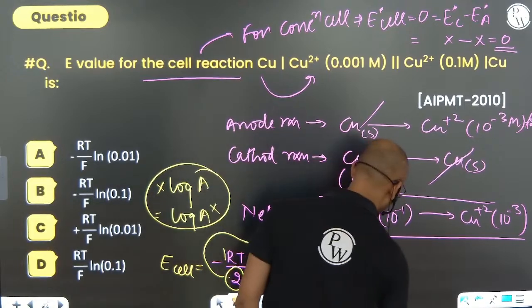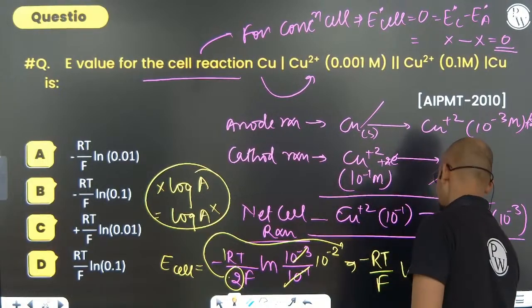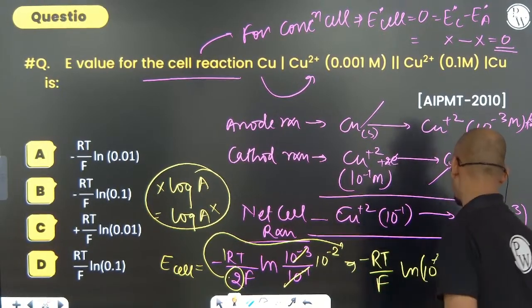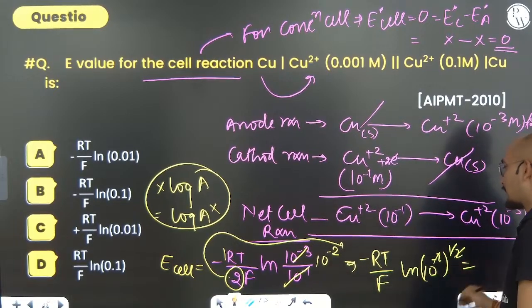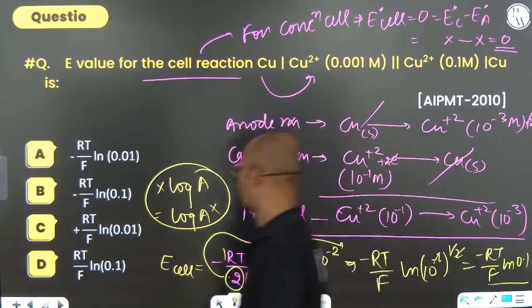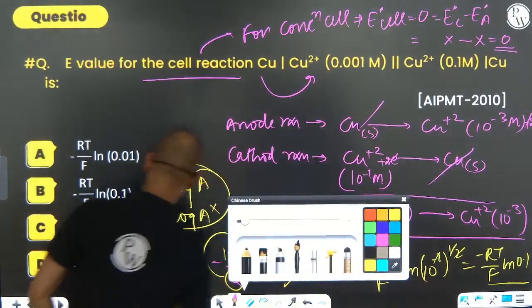So we can say minus RT by F ln of 10 to the power minus 2 raised to the power half. The 2 cancels. 10 to the power minus 1 is how much? 0.1. So minus RT by F ln 0.1. So which one is the correct option? I think we all can see that option B is the correct option.